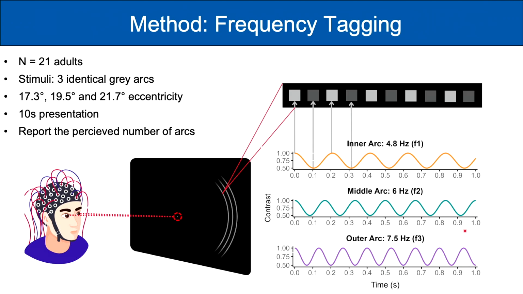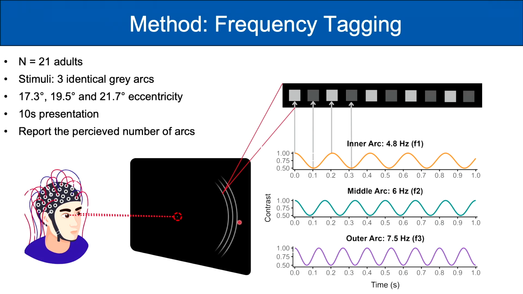Here we applied frequency tagging to 3 arcs. Each arc was flickering at a different frequency, meaning that their contrast was changing between mid-gray and white on a black background. The arcs were presented at 17.3, 19.5, and 21.7 degrees eccentricity.